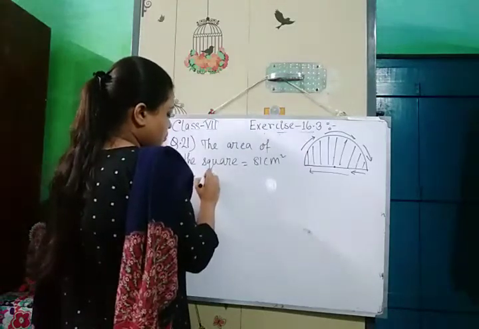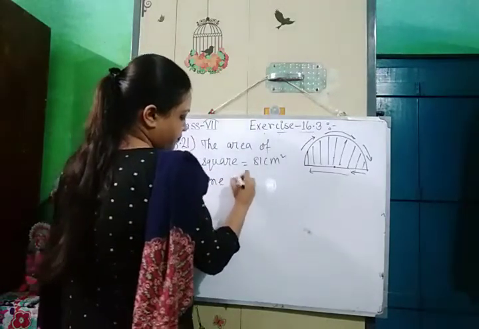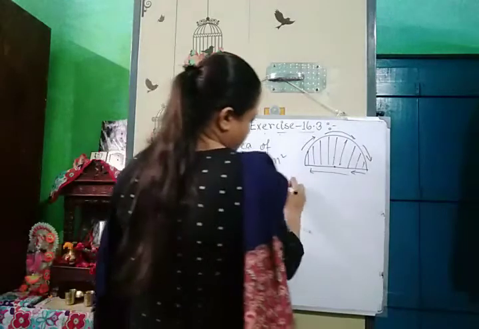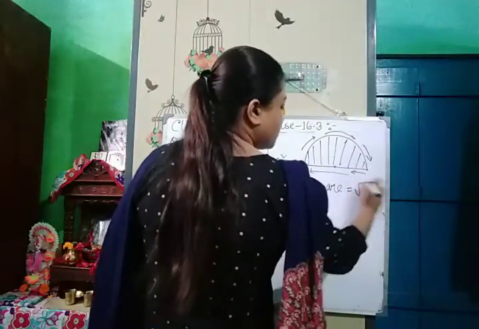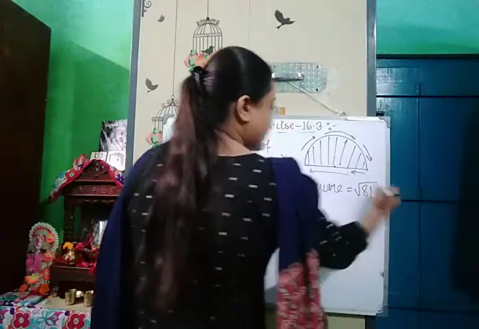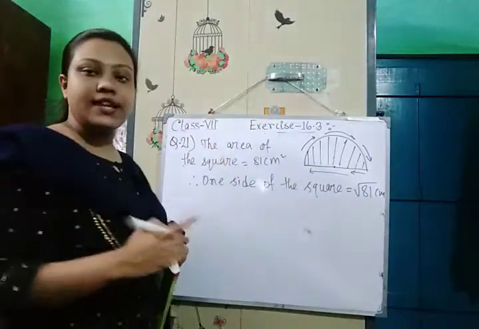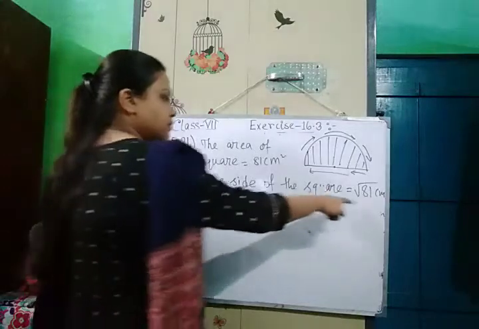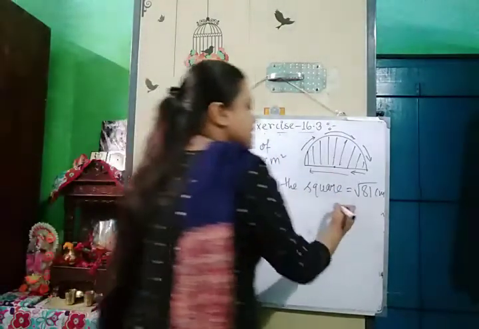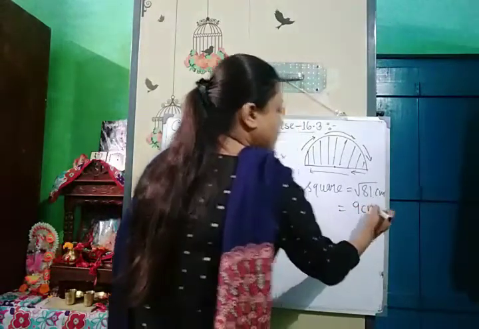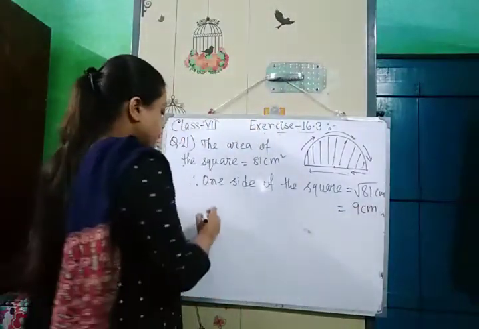Therefore, one side of the square is equal to root over 81. When the area is given, how can we find one side? By root. So it's root over 81, that is 9 centimeter.